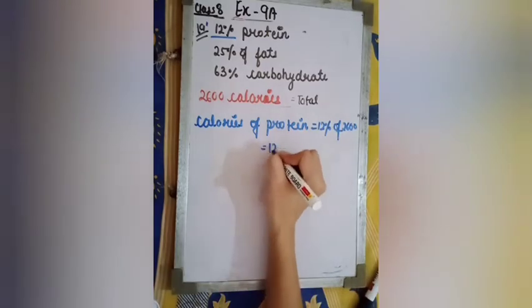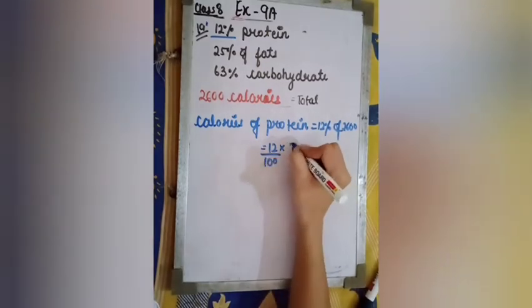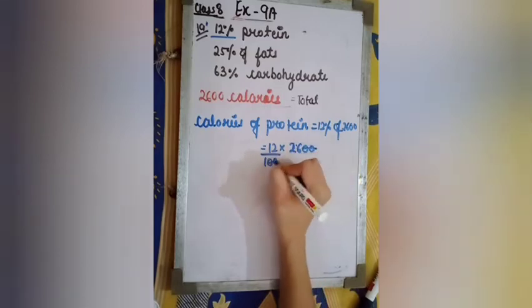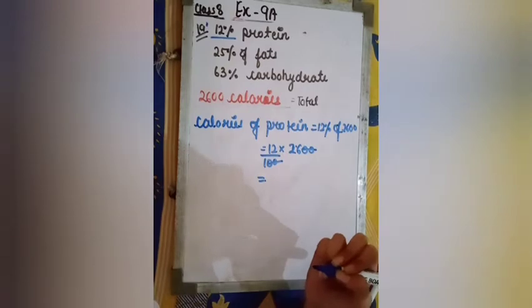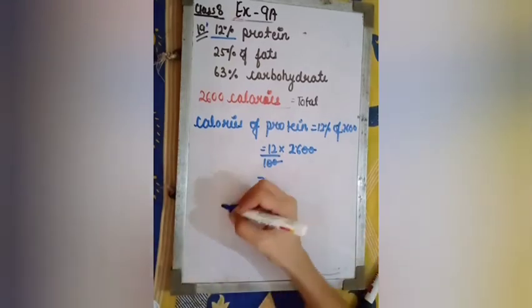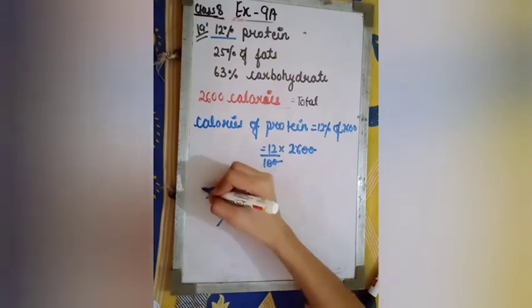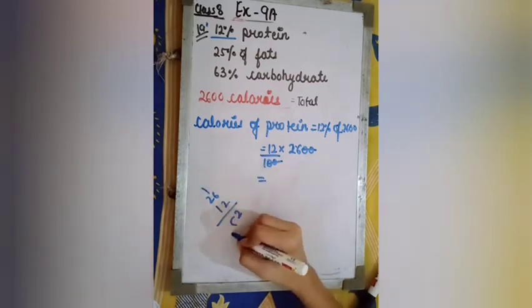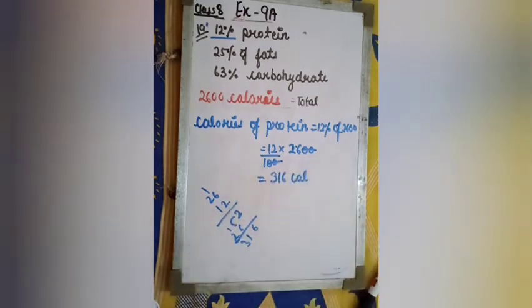So now find it. 12 into percent sign हटाएंगे into 2600. It will be, yes, multiply it. 12 into 26. 2 6 are 12. 2 2 are 4 are 1 5. It is 316 calories. Okay.